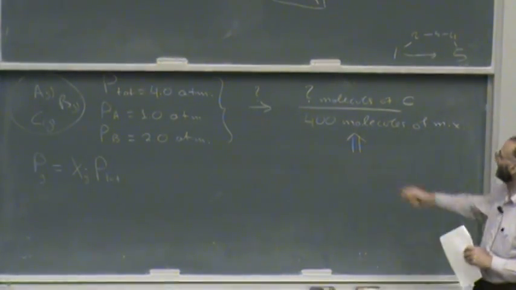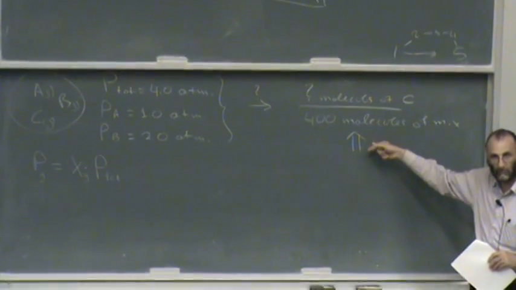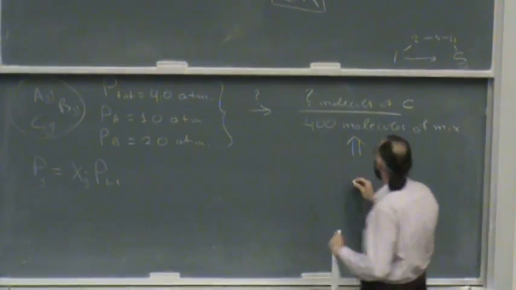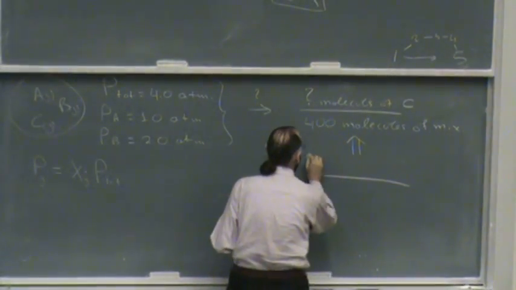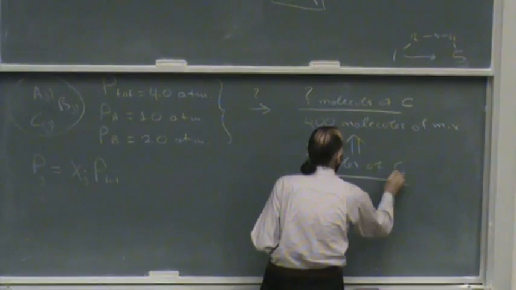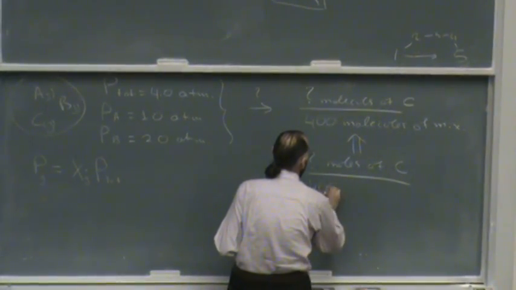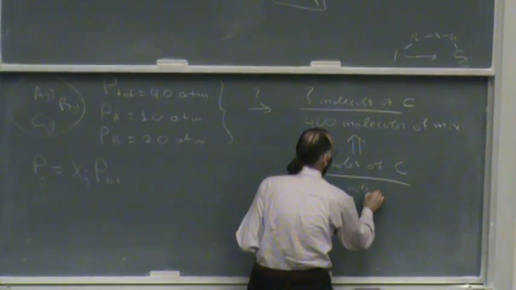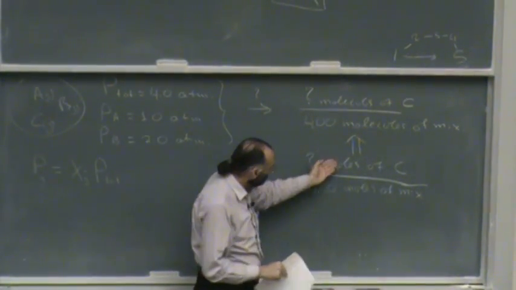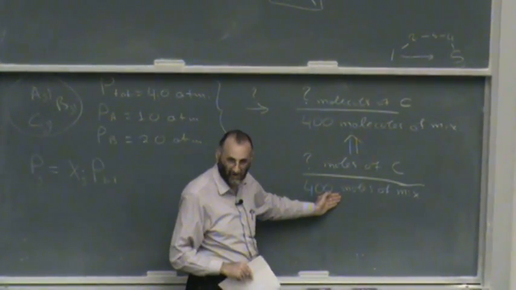Okay? So in this case, I want the number of moles, the ratio of molecules. So if I want to find it, I can just find the ratio of what? How many moles of C per 400 moles of mixture. Why? Because the ratio of moles is always the ratio of particles, molecules.